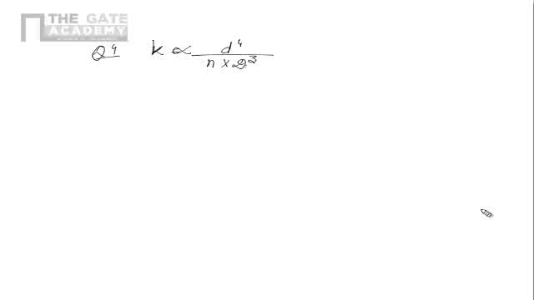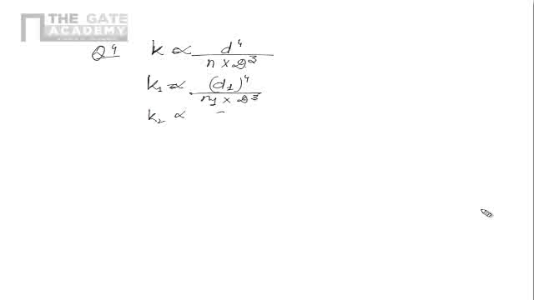So D remains same. K1 is proportional to d1 to power 4 upon n1 into D cube, because D is same. Let's say the same value of D, which is the mean coil diameter.